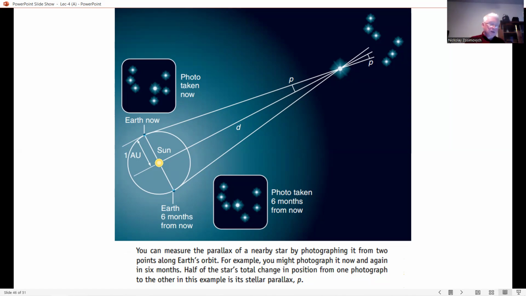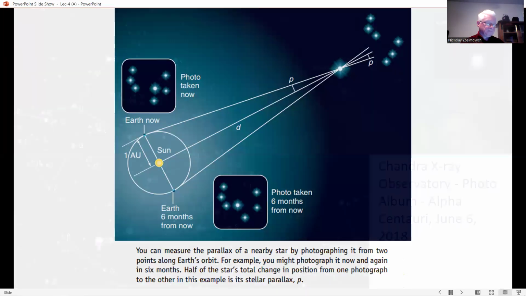Astronomers measure the parallax, and surveyors measure the angles at the ends of the baseline. But both measurements reveal the same thing: the shape of the triangle and thus the distance to the object in question.